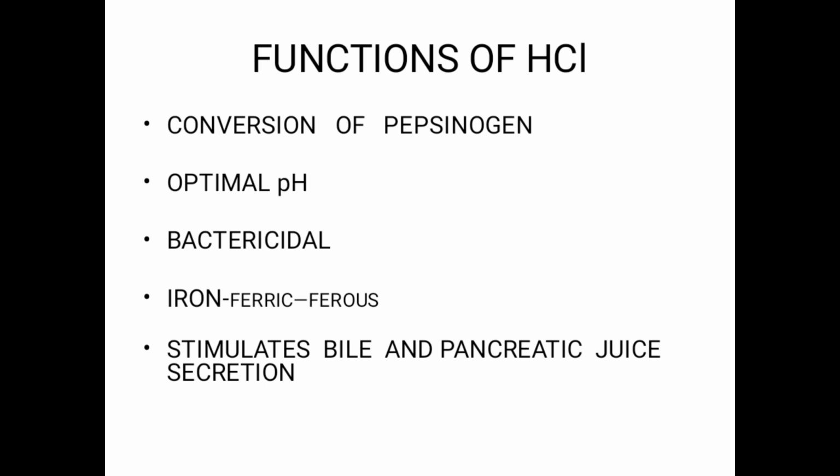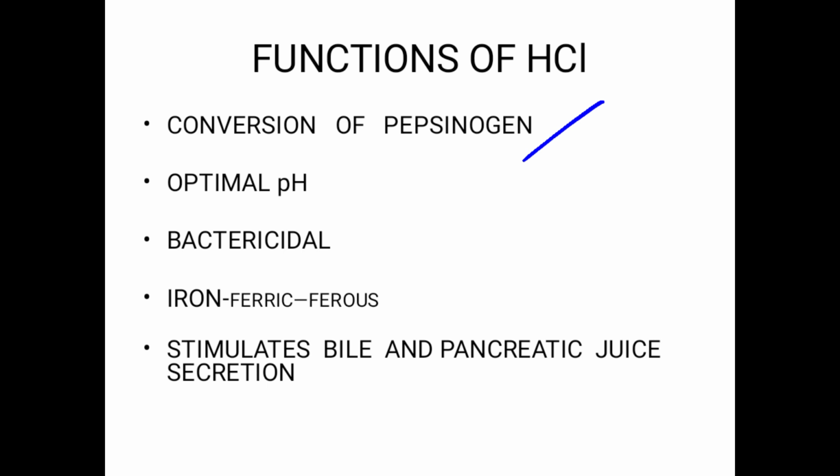Next, coming to the HCl. HCl is secreted by parietal cells. The functions of HCl: it converts pepsinogen into pepsin, and this pepsin will activate the other enzymes to become active form.